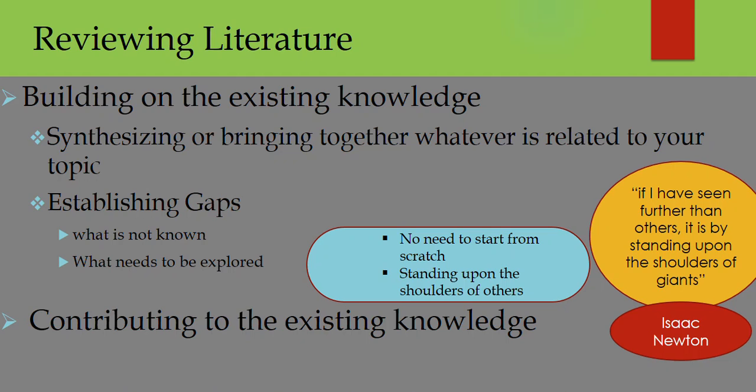You want to show that you are contributing to the existing knowledge. In this way, you convince others that you are doing something worthwhile, something that contributes to the current understanding and knowledge. So in order to successfully review the literature, please use citation and referencing.